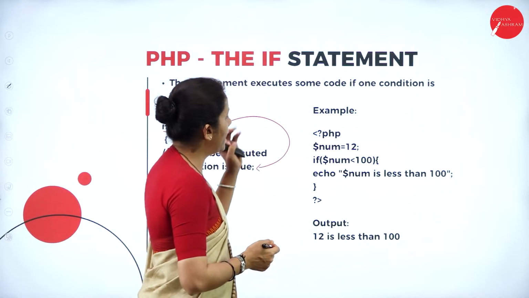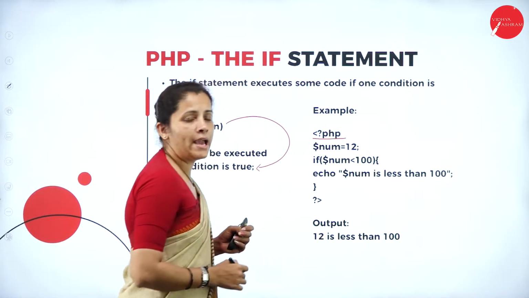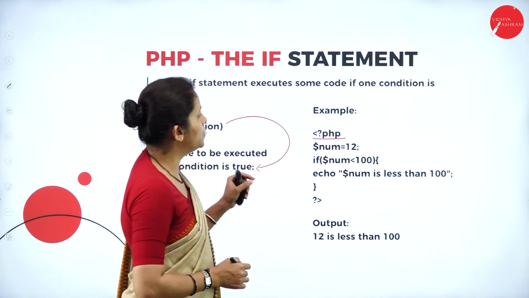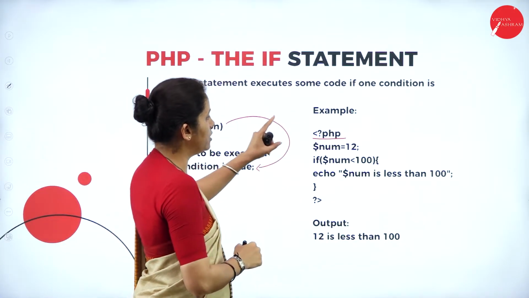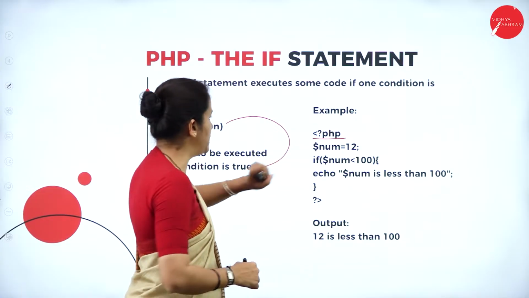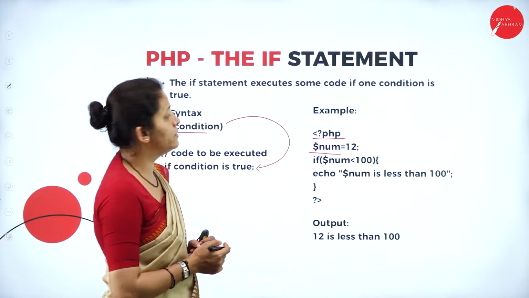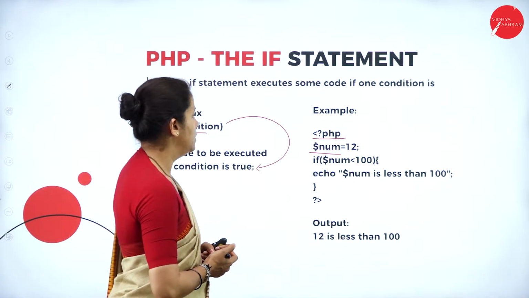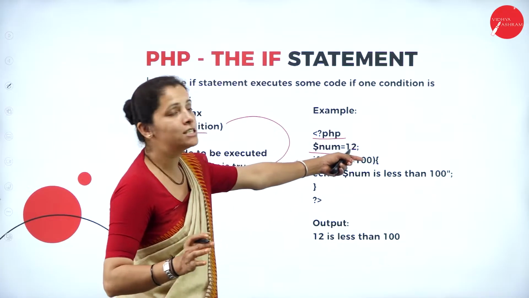See here, I have the example. I'm going to write the PHP script. I'll start with the left angular bracket, question mark, PHP. And this is my variable and I'm assigning the value 12. So at any cost, my result must be true.